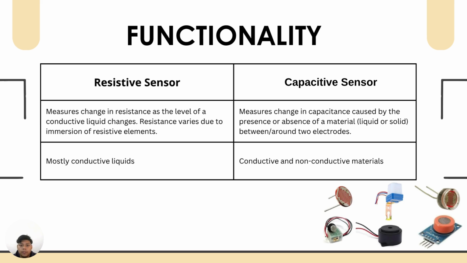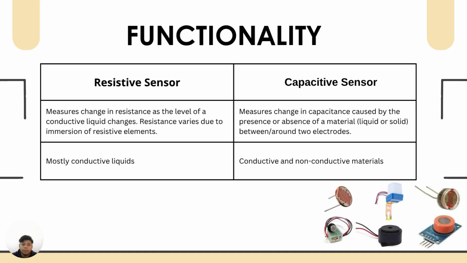As the liquid rises or falls, it makes contact with a different point on a resistive path, changing the resistive value. This change is interpreted as a change in liquid level. However, this only works if the liquid is electrically conductive, such as water, acid, or other electrolytes.